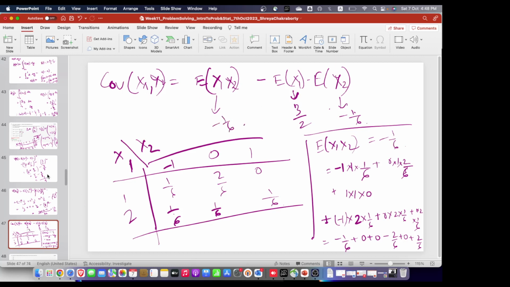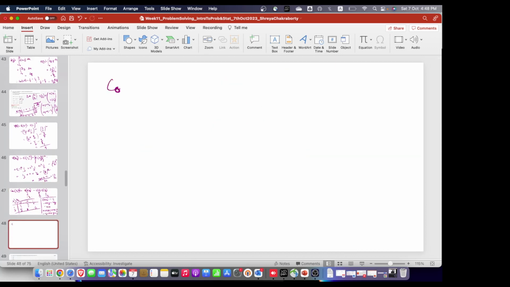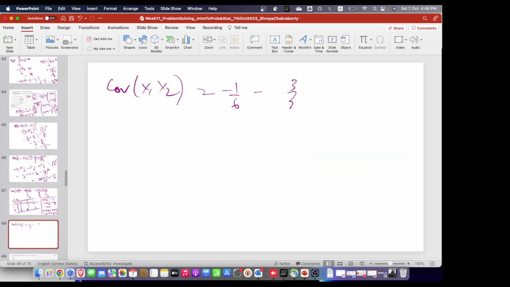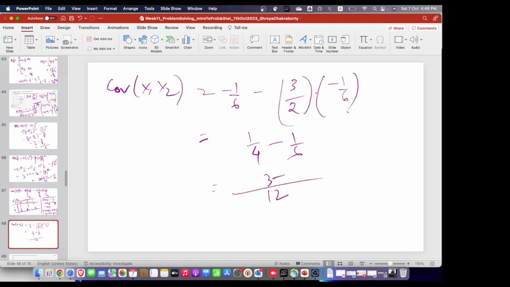So then the covariance of x1, x2 becomes minus 1 by 6 minus 3 by 2 into minus 1 by 6. So this comes to 1/4 minus 1/6, 3 minus 2, that is 1 by 12.